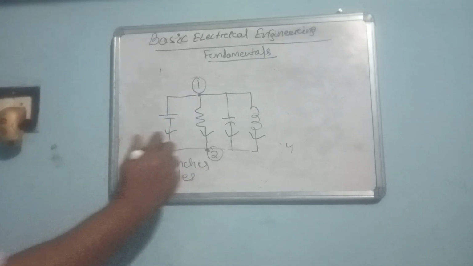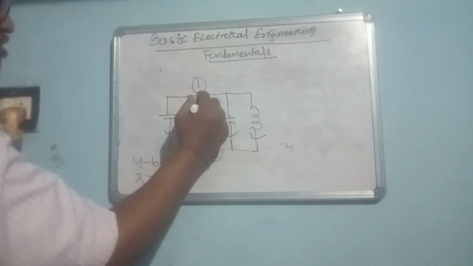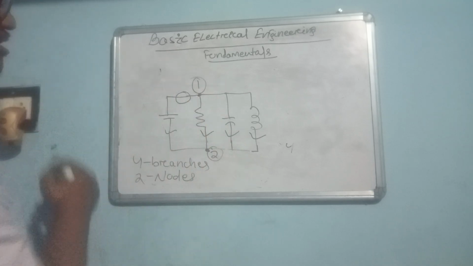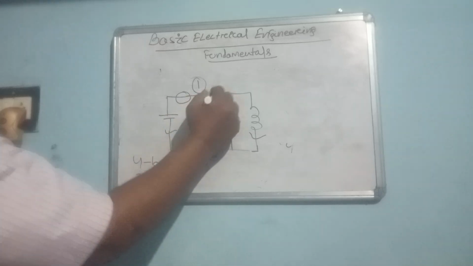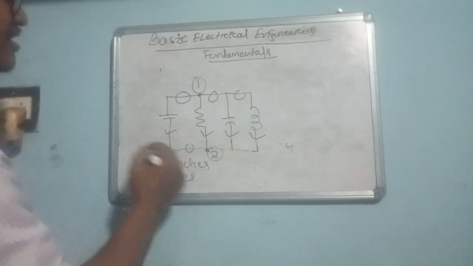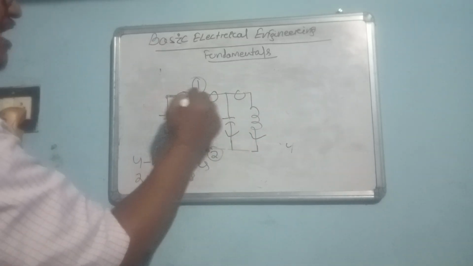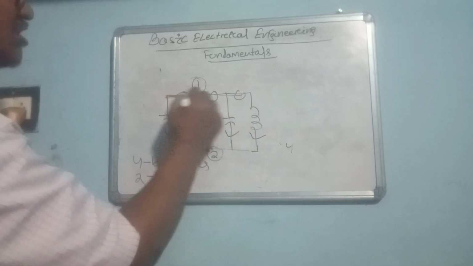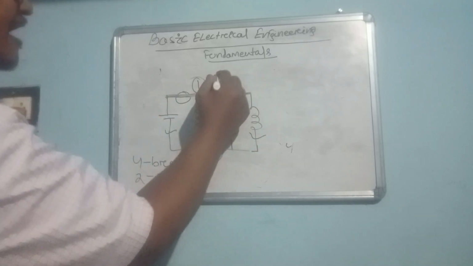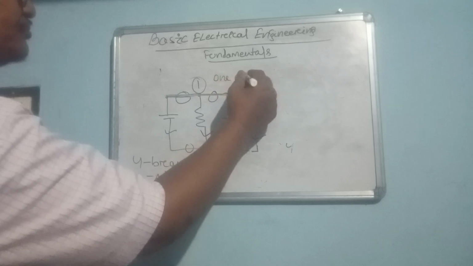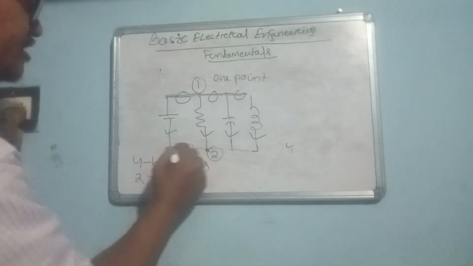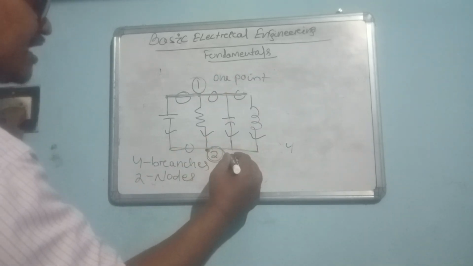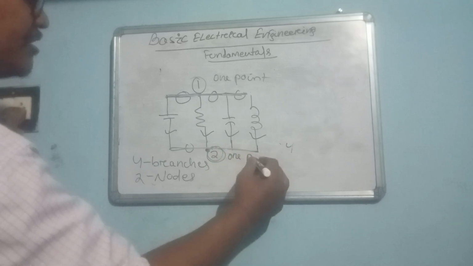In the previous circuit, between these 2 points we had one element, but here this is like a short circuit. So these points will be treated as 1 point, and this will be treated as another 1 point.